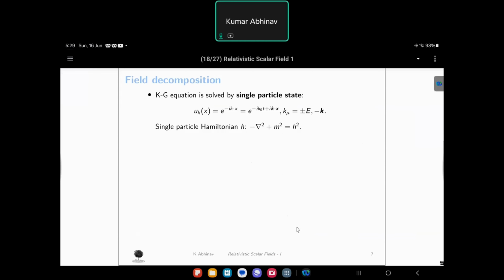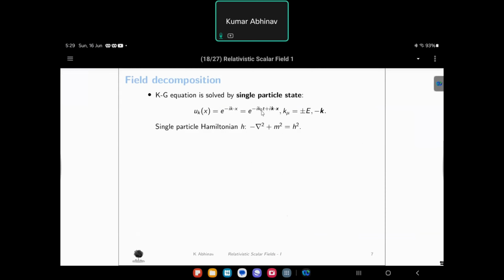So we first consider a single particle state. We are calling it single particle just because there is a definite momentum, which is just an exponential function. Considering the covariant dot product in 4 dimensions, we see that it depends on k naught.